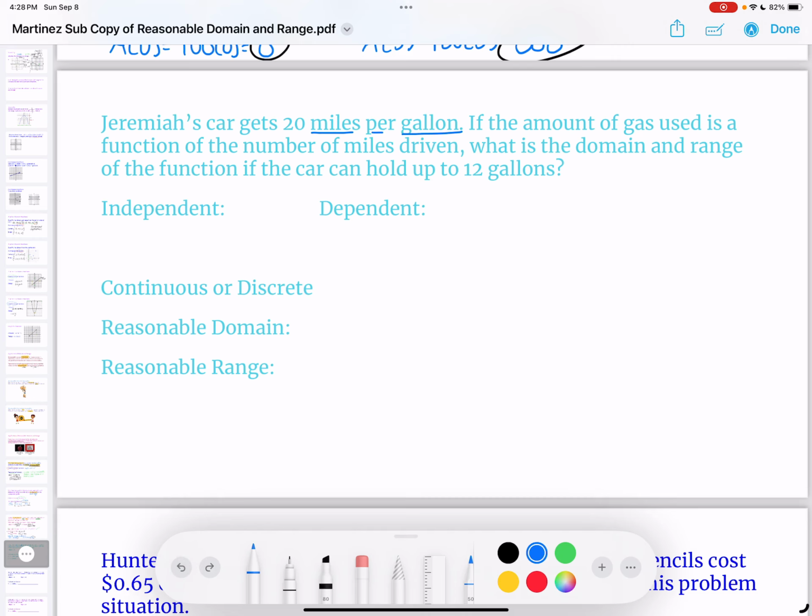So, for example, if I drive 100 miles, then I use X many gallons, right? We've got to figure out which one is the dependent, which one's the independent.